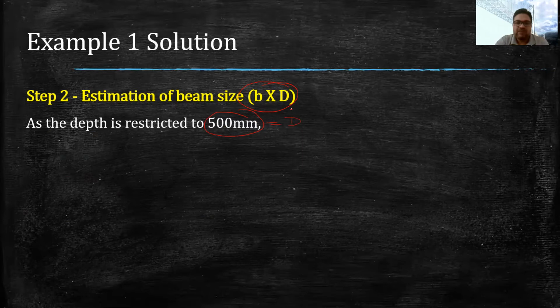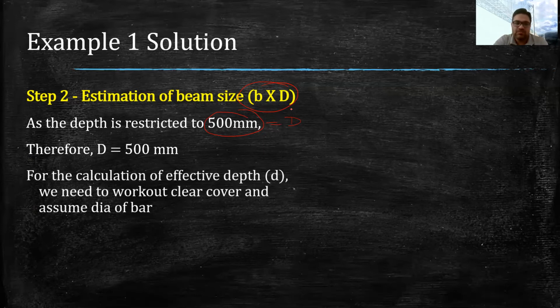And with this, we will find out the effective cover. To calculate the effective depth and effective cover, we need to assume the dia of bar, and we need to find out the clear cover, and clear cover depends on the exposure condition. Generally, if it is not mentioned in the question, we assume the moderate exposure.